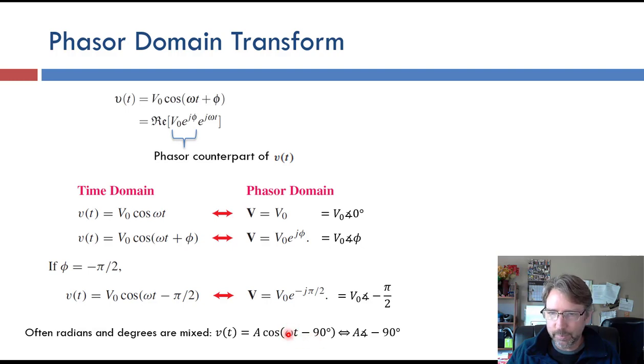So radians per second times seconds will give radians here and degrees here. So you can't solve this. It's all the wrong units. But because we really care about the phase and the amplitude more than anything else, this is still really commonly used, and you'll see that when people are doing phasor analysis. So you just kind of get used to it, even though it's not technically correct.